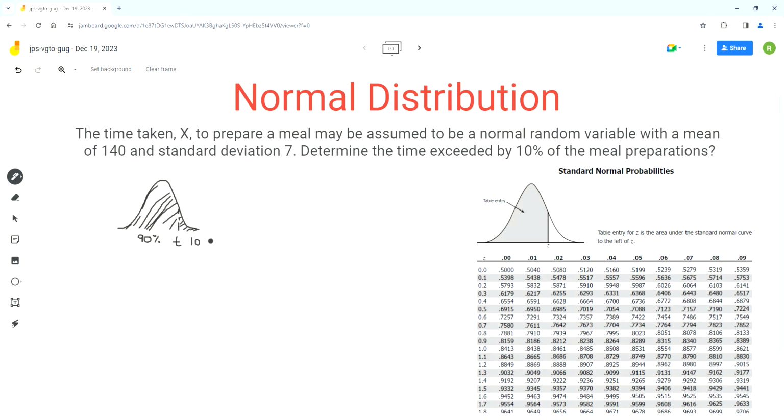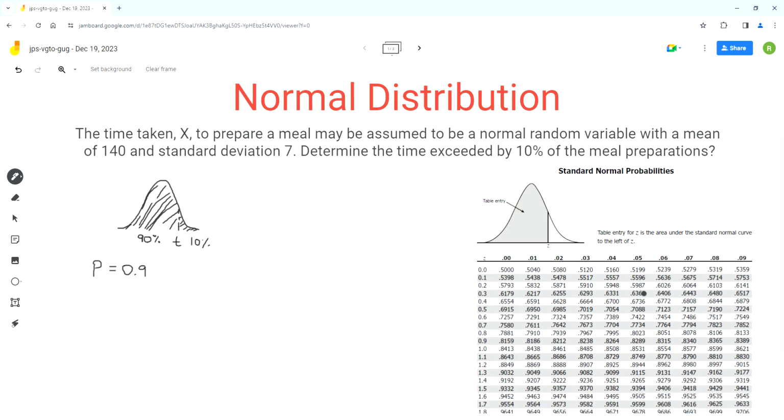So the area under the graph to the left side of this time value is 90% or 0.9. In this case, we are given the probability as 0.9.